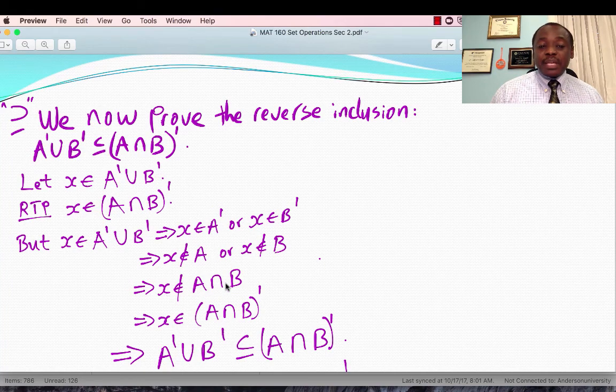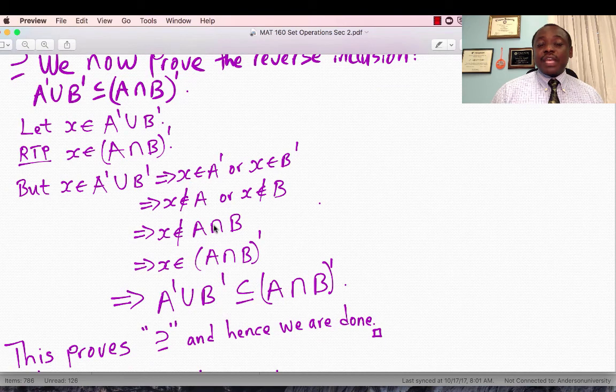X cannot be in the intersection of A and B. That means X has to be in (A intersection B) prime. Again, I'm just using my definitions. Every single step requires the use of a definition. You don't just fabricate steps.